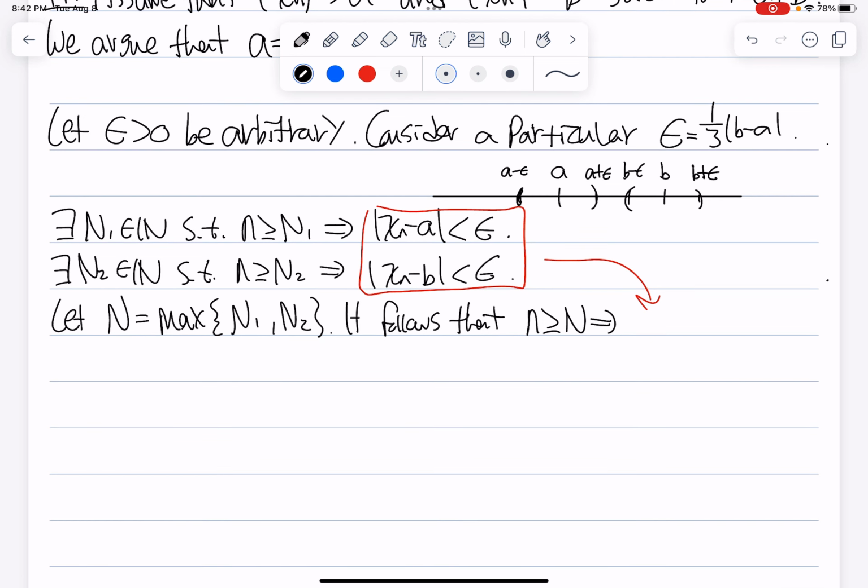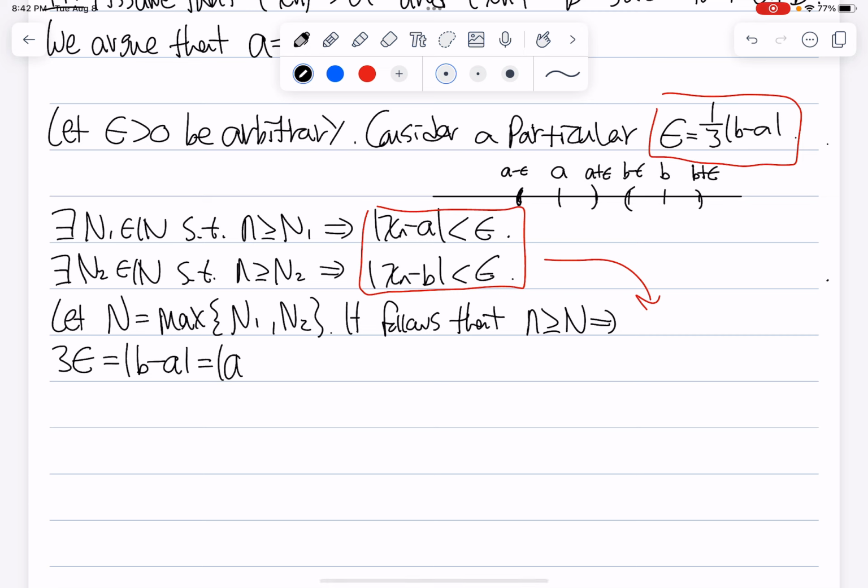So we know that 3 epsilon is just the distance between a and b. Before that, epsilon was 1/3 of the absolute value of b minus a. Just multiply by 3, and then we get 3 epsilon to be the distance between b and a. Well, we can use a clever trick here.